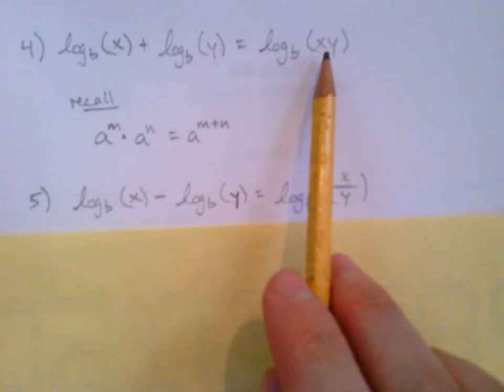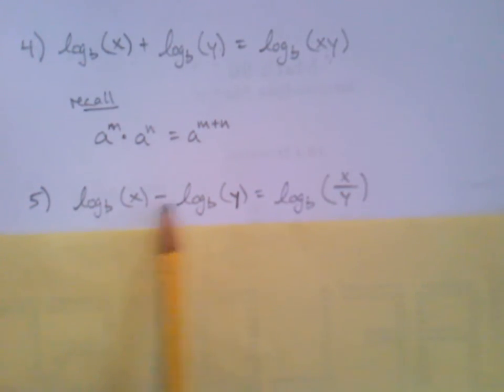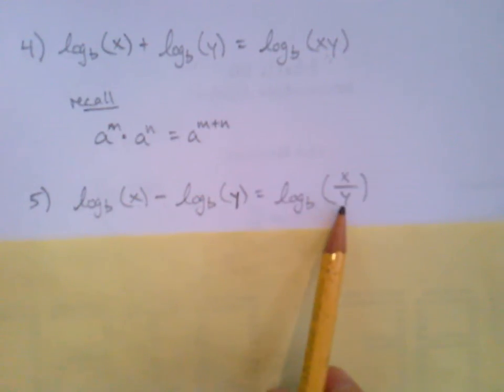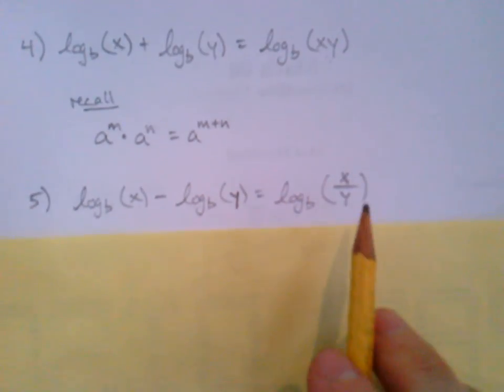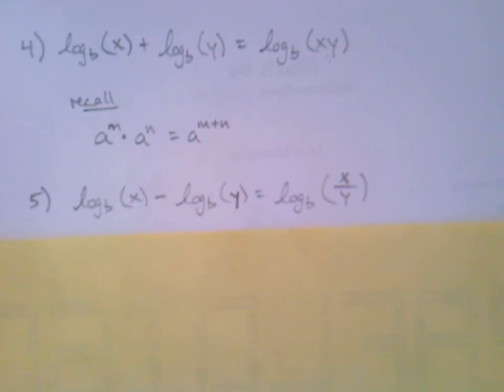If adding means multiply, then subtracting means divide. So these two logs become a single log base b, but now I divide the arguments. I take the first one divided by the second. So whatever was being subtracted, that's what I divide by, x divided by y. And that becomes just a single new argument.